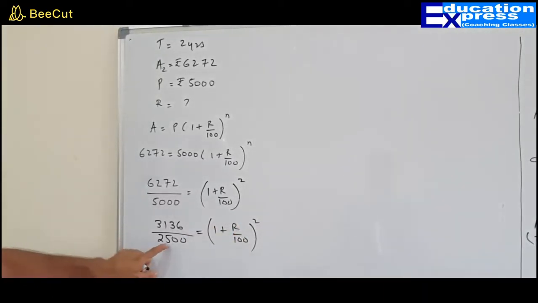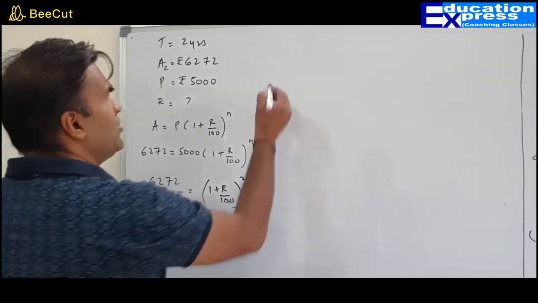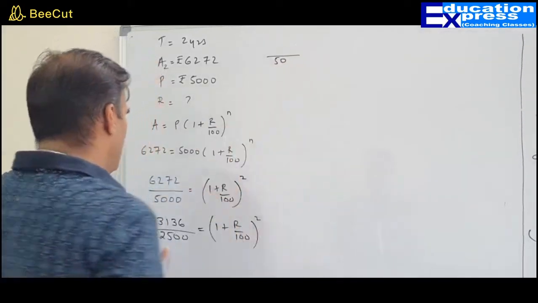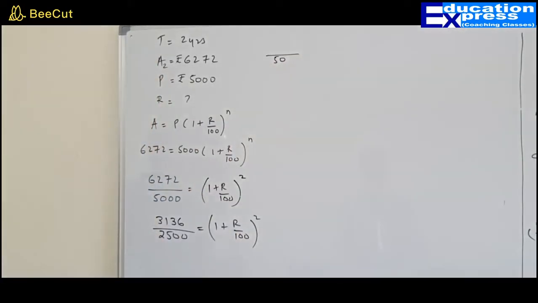So I know this is the square of 50 because 50 square is 2500. What about this? Of course this can be divided further by 4 also.